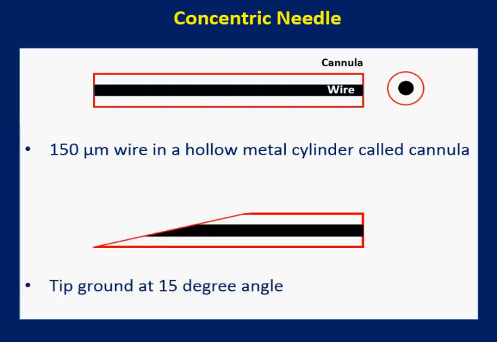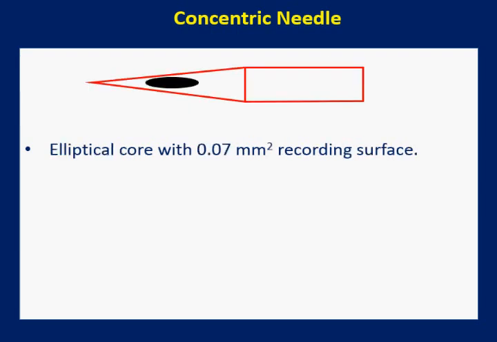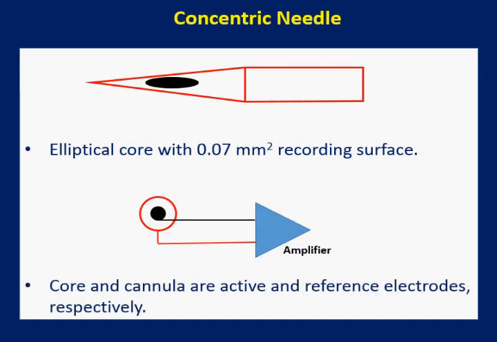The tip of this assembly is ground at 15 degrees angle to expose an elliptical recording surface called the core. The surface area of the core of a standard concentric needle is roughly 0.07 square millimeters. The core is the active recording surface, while the cannula is used as the reference electrode.